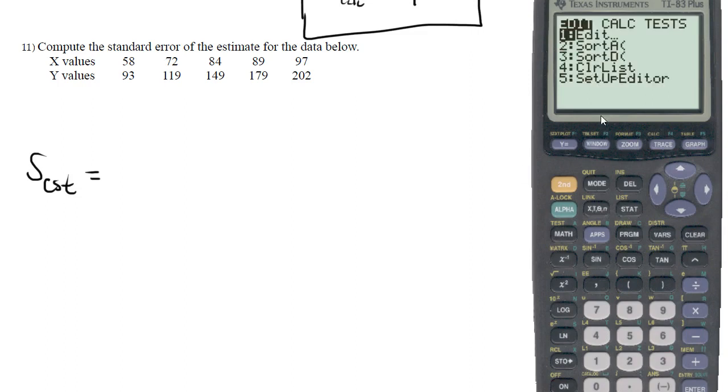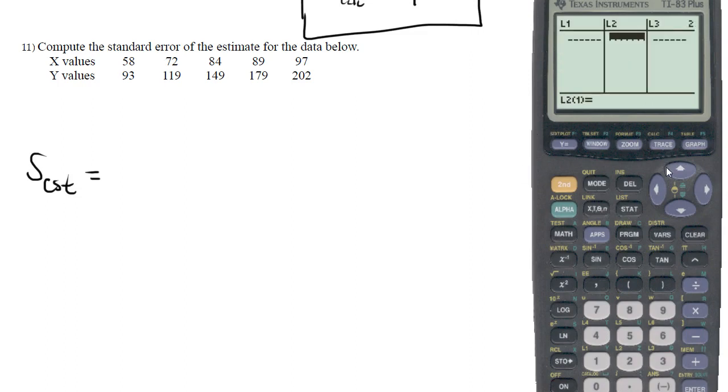And let's go to stat, edit. Let's enter all of these values here. So 58, 72, 84, 89, 97. And then in L2, 93, 119, 149, 179, 202.